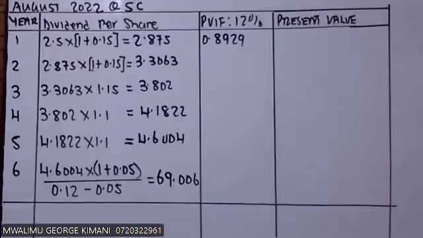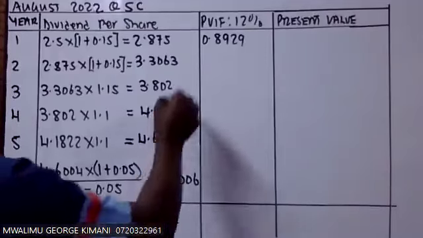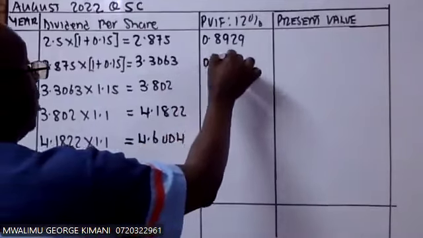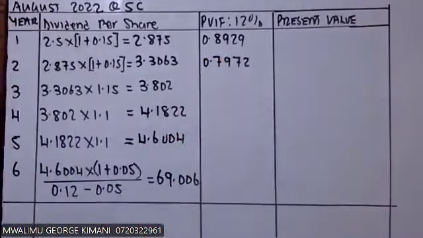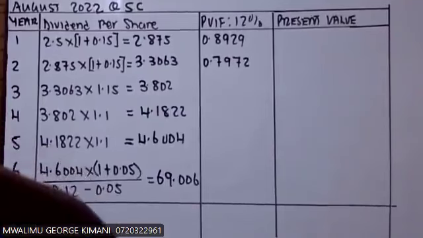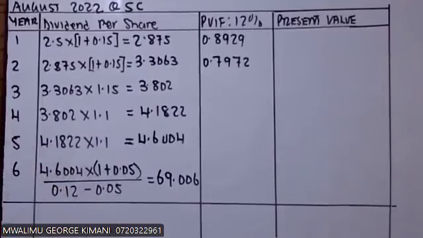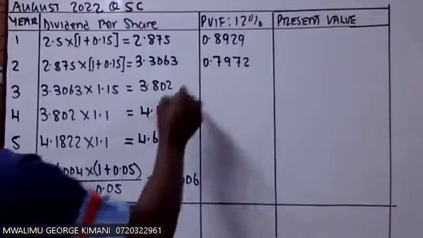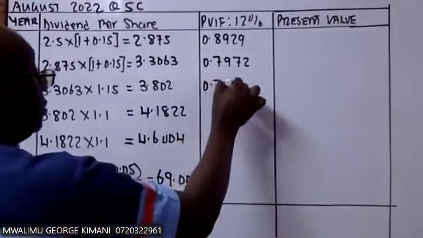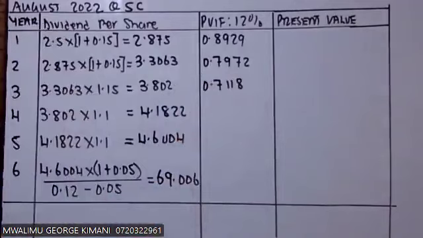So Isaac, check on that, and I can see you have corrected this 0.7. Isaac, are you able to see that? And Royce? Good. Give me now for the third year. 0.7118.